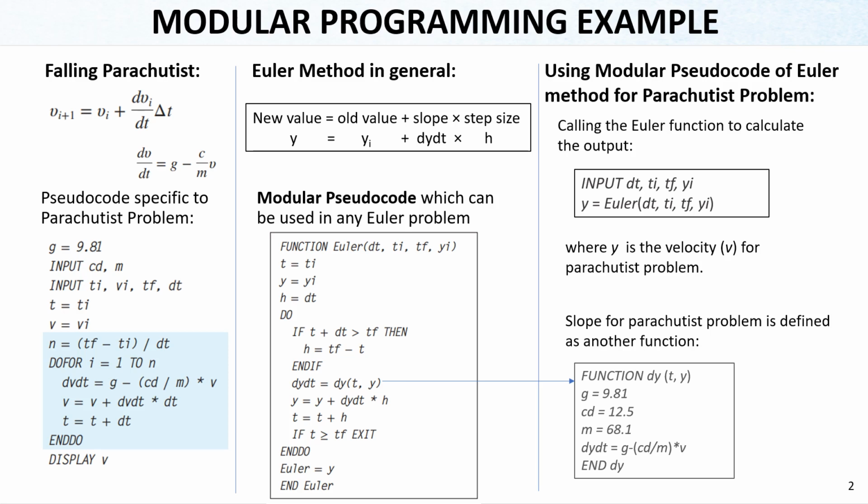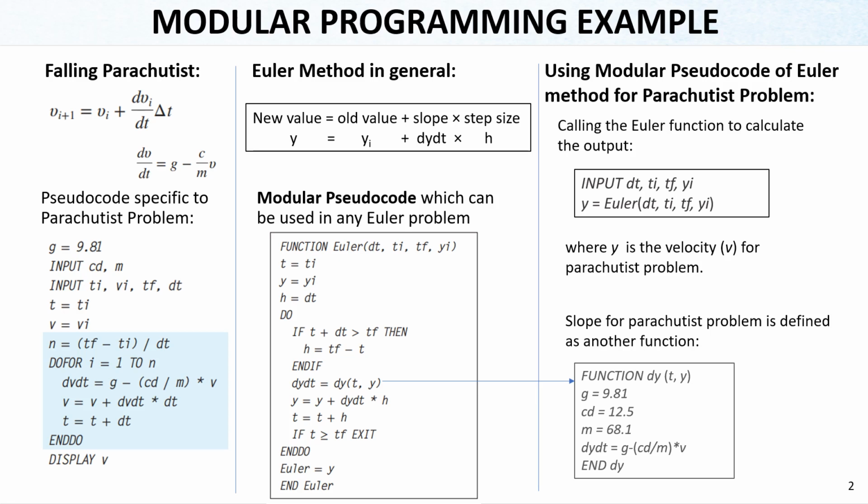And in the Euler method, we said that the new value is equal to the old value plus slope times step size. And we can simply generalize this as y(i+1) equals y(i) plus dy/dt times h. So we first create a modular pseudocode to be able to solve any Euler problem. It doesn't have to be the parachutist problem only. It should be usable for other problems as well.